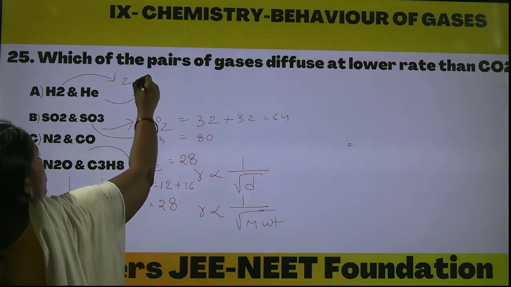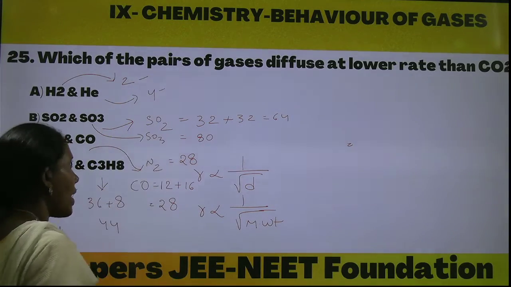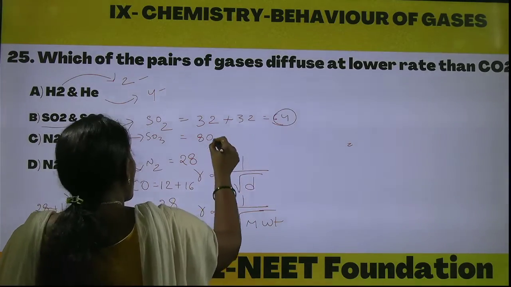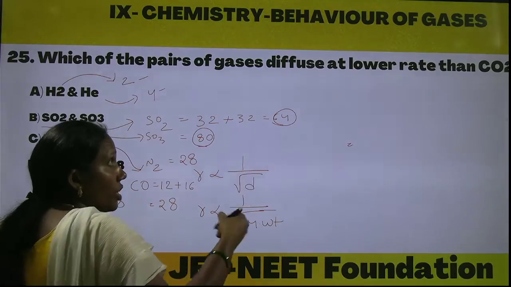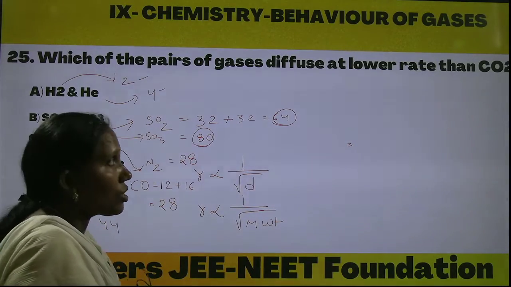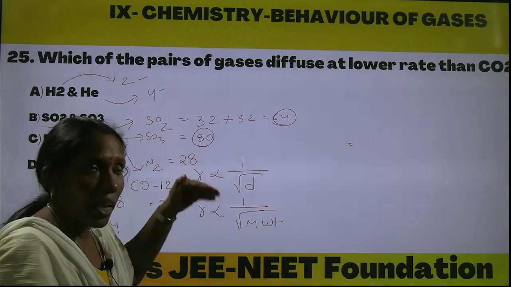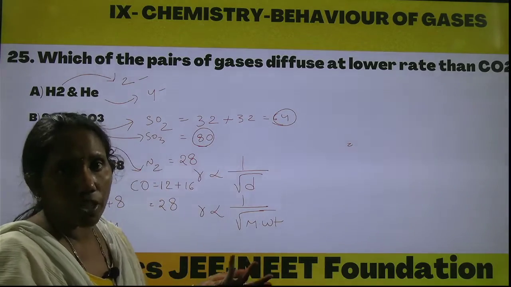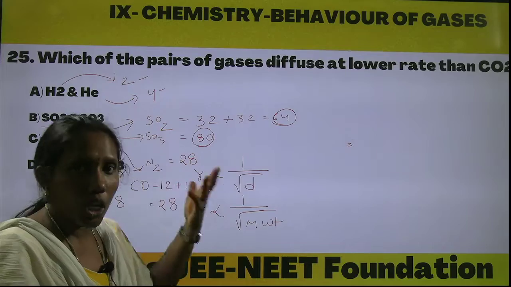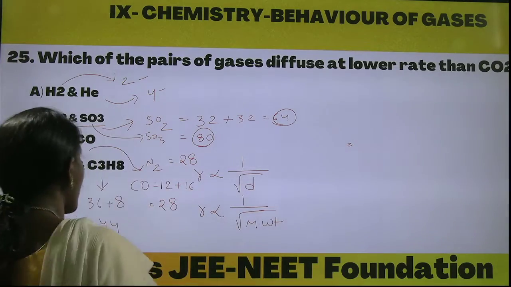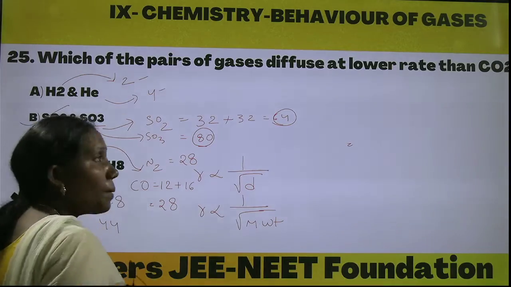Helium and hydrogen, 2 and 4, are lesser than carbon dioxide. SO2 and SO3: for SO2 it is 64 and SO3 it is 80. Carbon dioxide's molecular weight is 44. So 64 and 80 are greater than 44, so they have high molecular weight. So they will have less rate of diffusion than carbon dioxide. So we will go with option B.